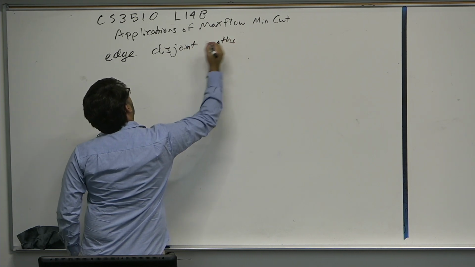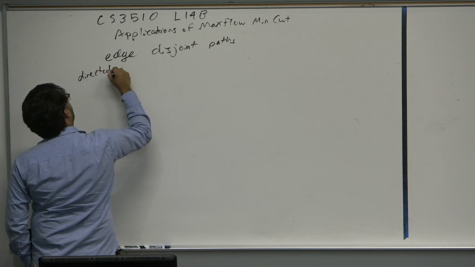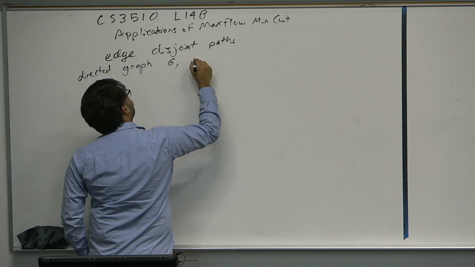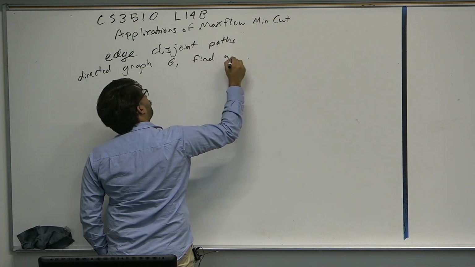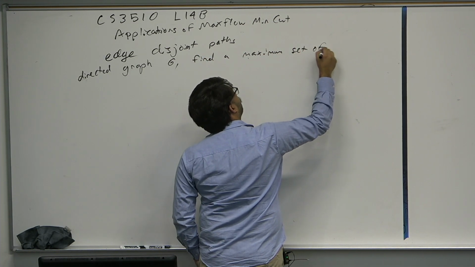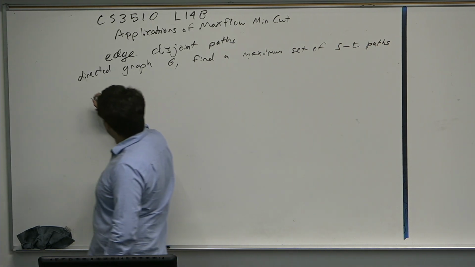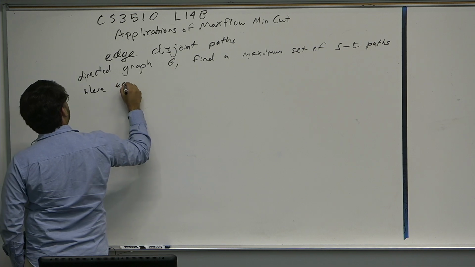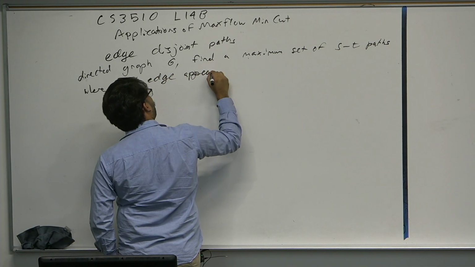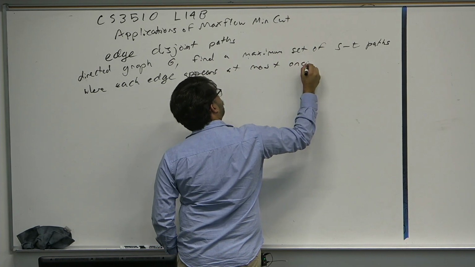So given a directed graph G, find a maximum set of ST paths where each edge appears at most once in any path.